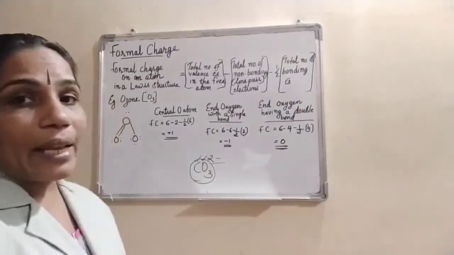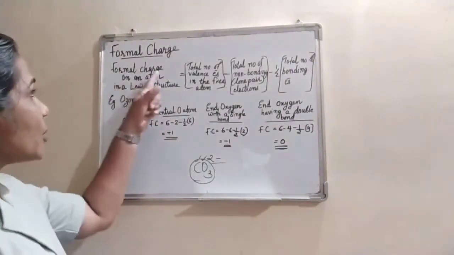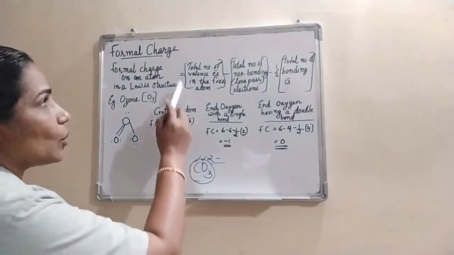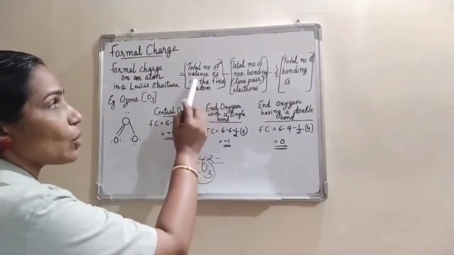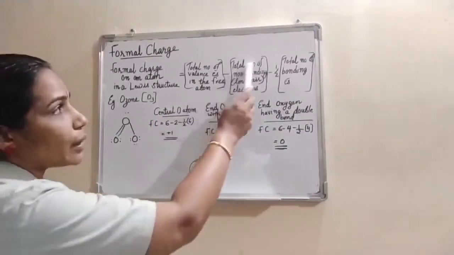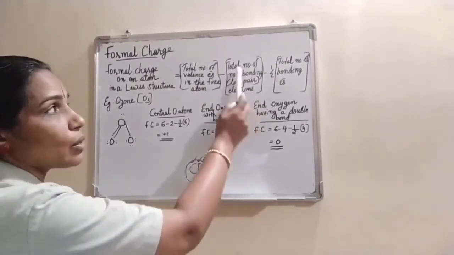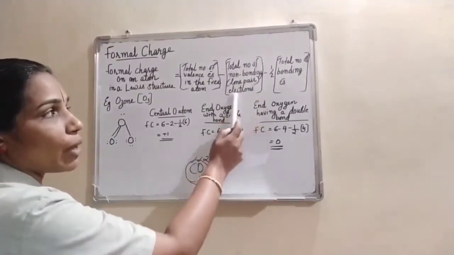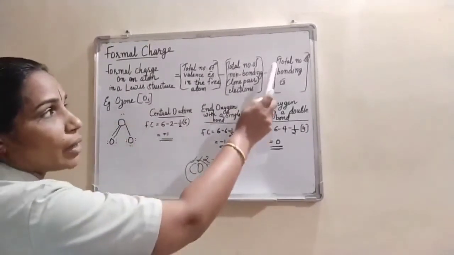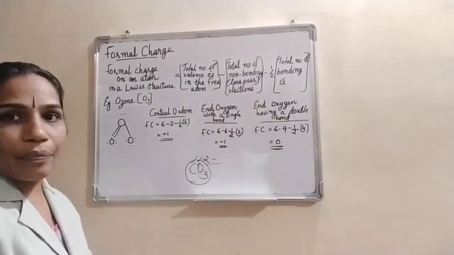Formal charge may be calculated by the equation: formal charge on an atom in a Lewis structure is equal to total number of valence electrons in the free atom minus total number of non-bonding or lone pair of electrons minus half into total number of bonding electrons.